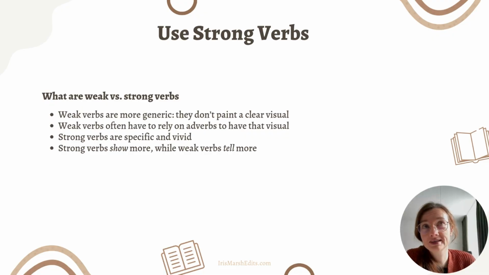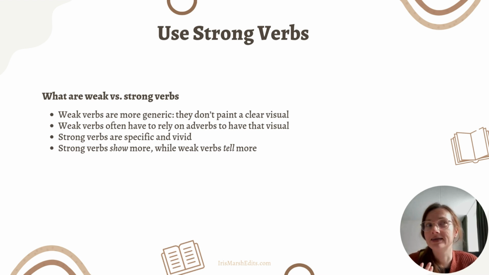Okay, so first let's discuss what weak verbs are and what strong verbs are. I'm not talking about the grammatical sense of that here. We're talking about the meaning that's behind the verbs, the image that it creates in your mind as you read them. So weak verbs are more generic.